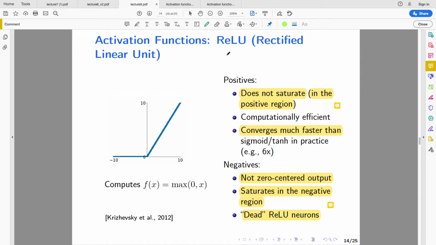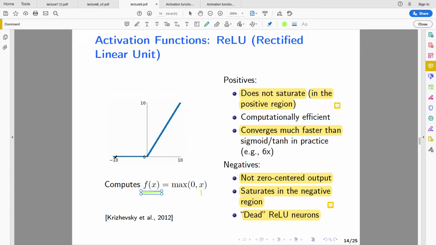Another important activation function, which is frequently used, is the ReLU, the rectified linear unit. The ReLU function just simply says, no matter the value of your x, it returns the value unless x is less than 0. When x is less than 0, it returns 0.